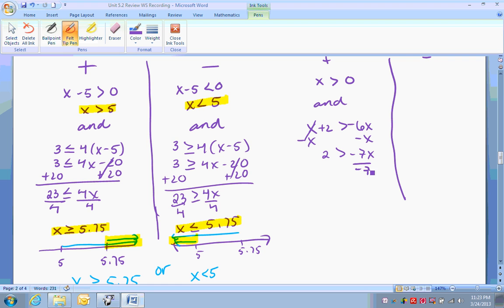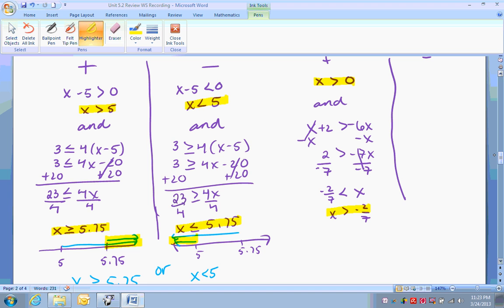When you divide both sides by negative 7, you have to remember that when you're dividing by a negative number, the sign changes. So you end up with negative 2 over 7 is less than x, or in other words, x is greater than negative 2 over 7. Now that's the second piece, and the first piece was x must be greater than 0.